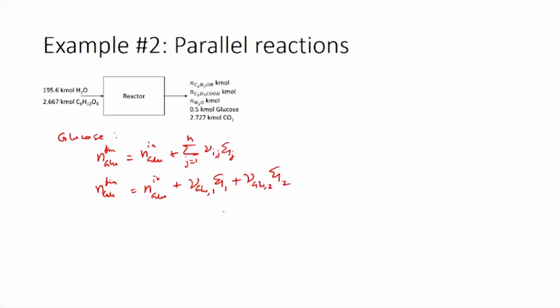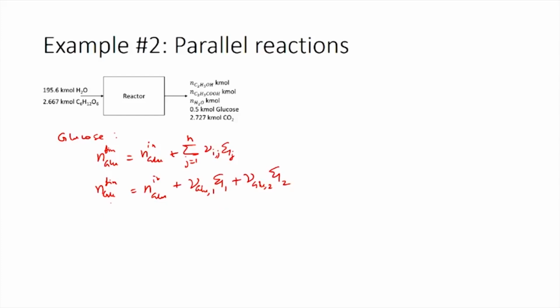So, looking at the data given in the problem, we know the number of moles of glucose which is present in the initial condition and the number of moles of glucose which is present in the final condition. We also know that the stoichiometric coefficient for glucose in both the reactions is 1. However, glucose is a reactant, which means the stoichiometric coefficients would be written as -1 to account for the glucose being consumed instead of being generated.